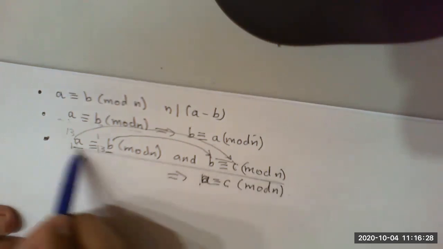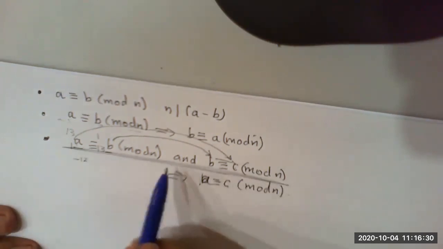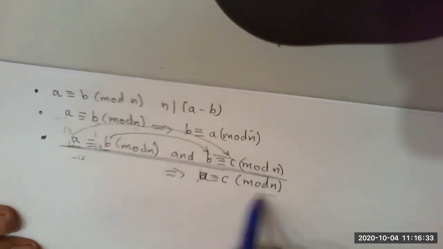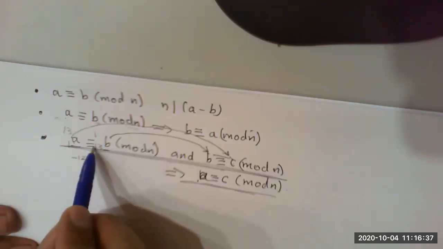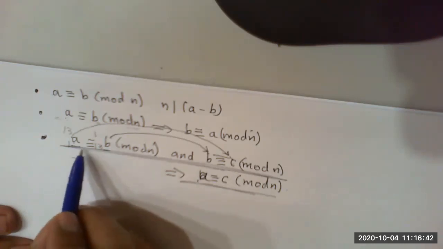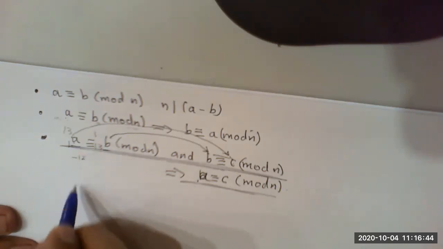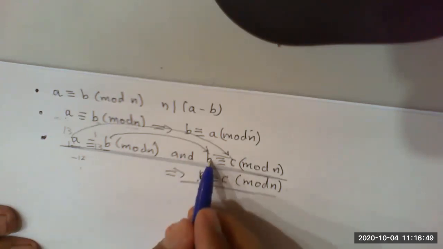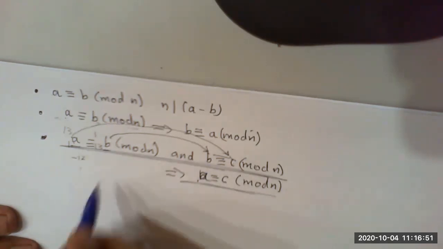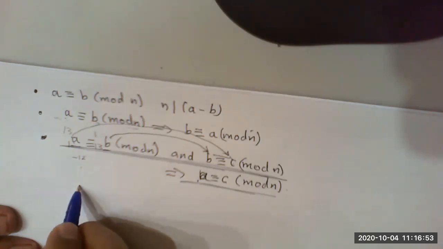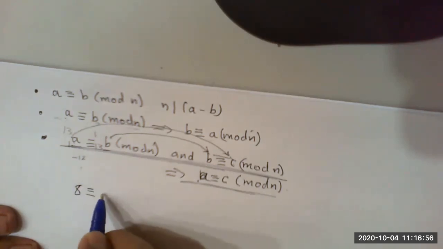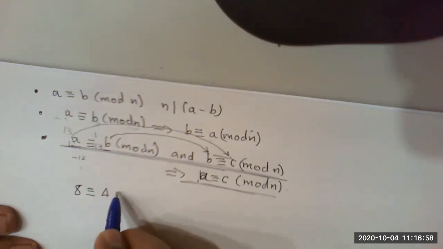Maybe I can take an example. I don't have an example in my mind, but I will try to have an example for this. Let's take something very simple. If A and B are congruent, I can take 8 and 4, mod 4.